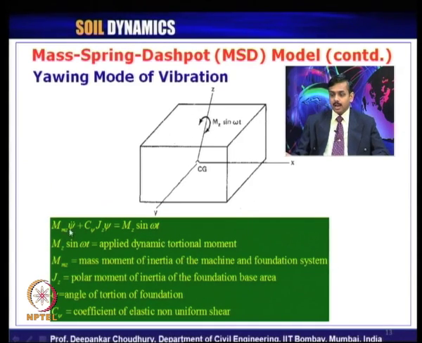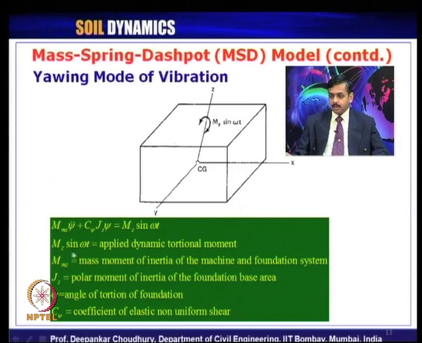In that case, psi double dot is the rotational acceleration. So, M mz psi double dot is the inertia force, plus c psi times J z psi, which gives us the spring force, which equals Mz sin omega t, the externally applied dynamic load.